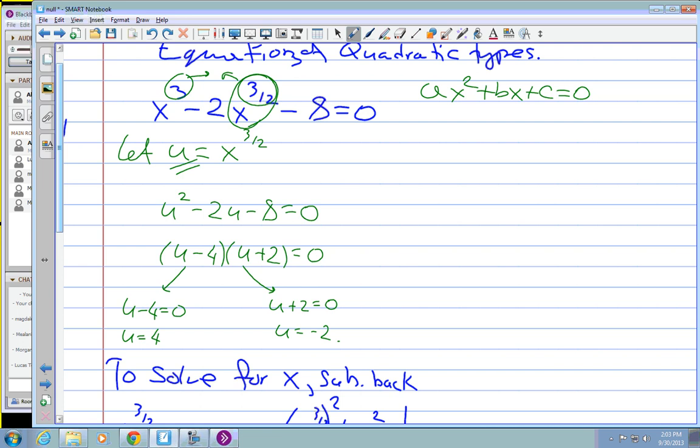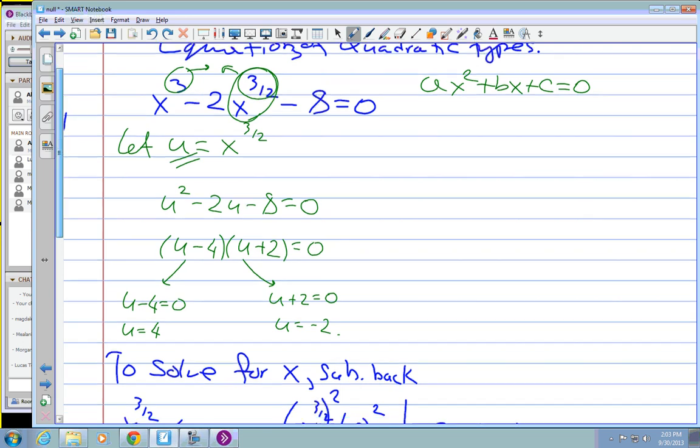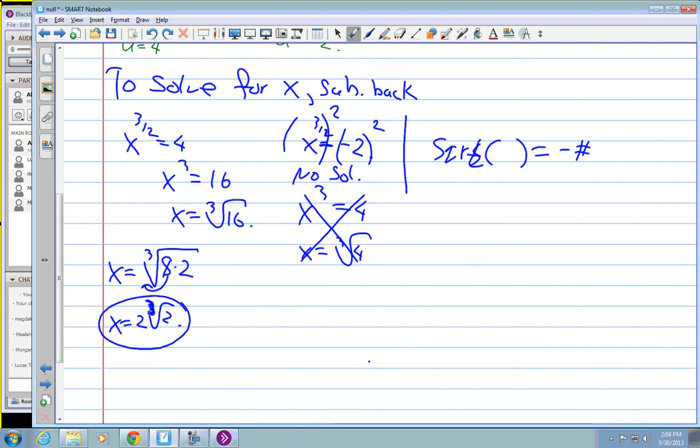So factoring by grouping, is that what we need to discuss? Yeah, we need to go back to the What?